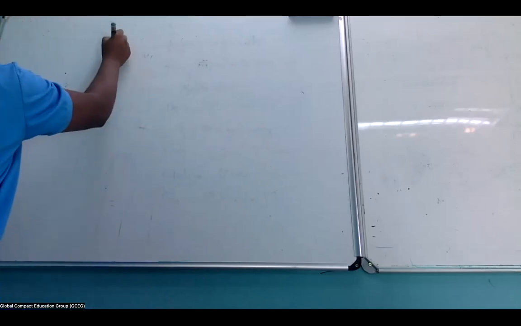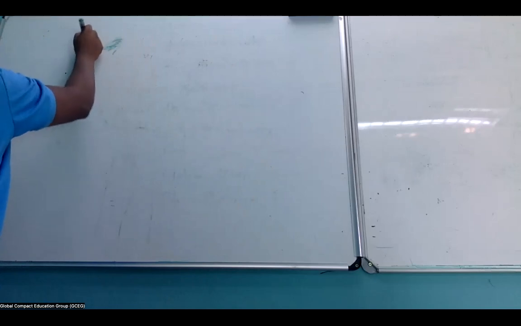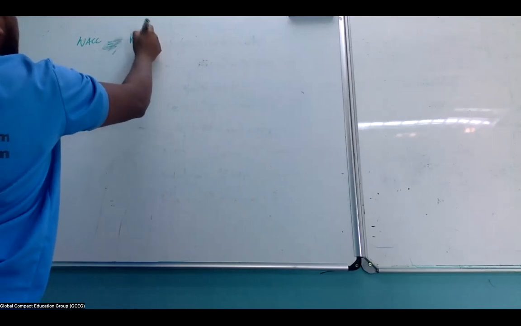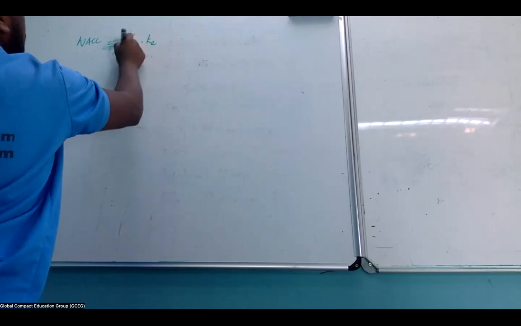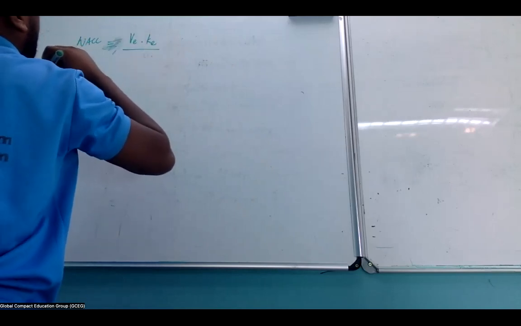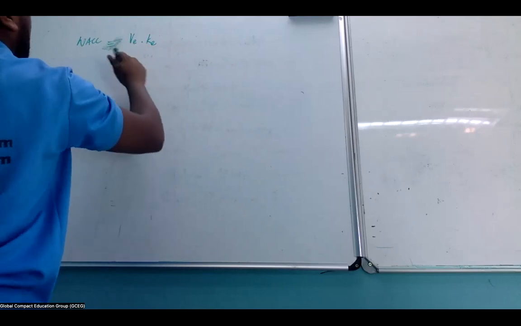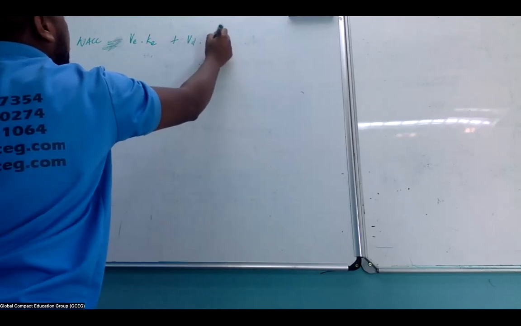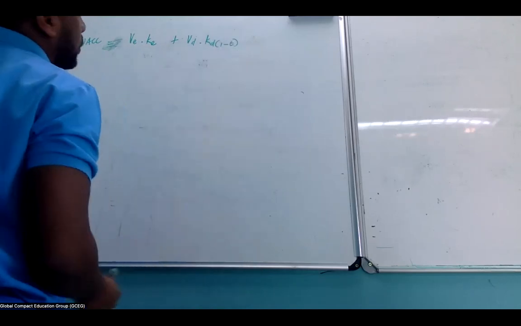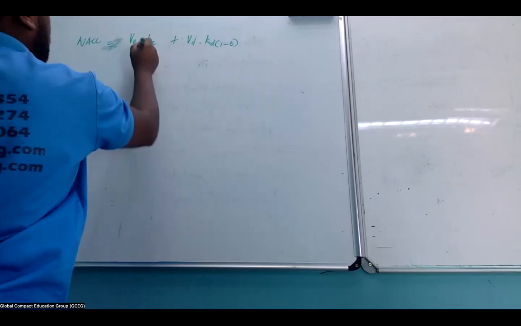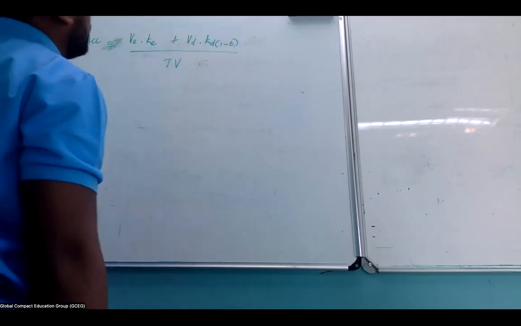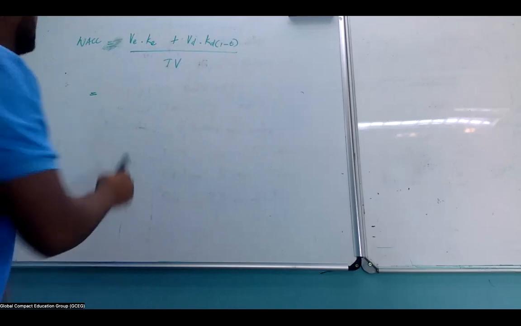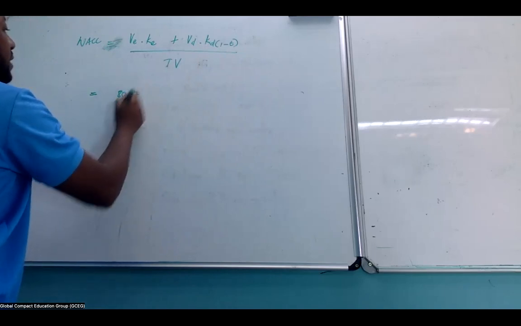So WACC is equal to value of equity times cost of equity, plus value of debt multiplied by cost of debt multiplied by 1 minus T, which means after tax, all over the total value of the company, right? So here we say 80 multiplied by 7, right?